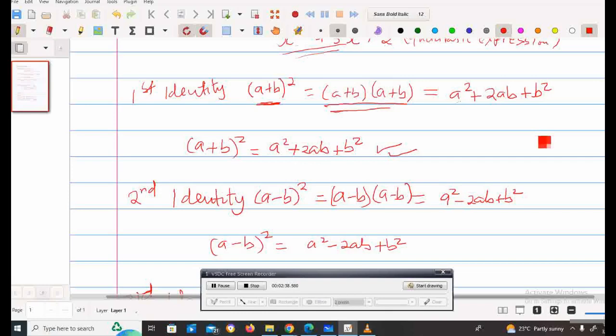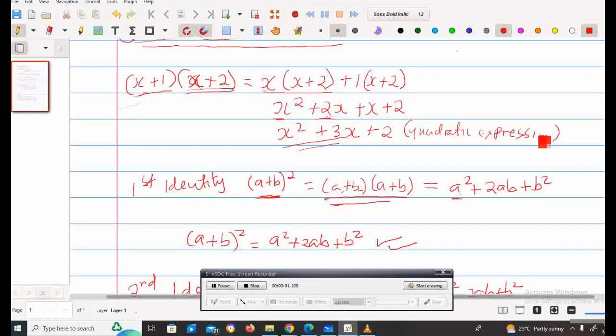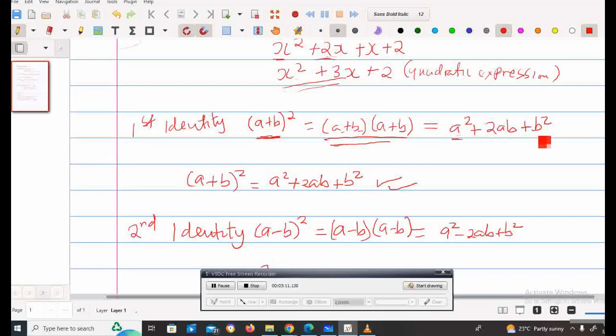This will give us a squared plus twice the product of a and b, that is twice ab, plus the square of b. If you were to follow the expansion process that we did in the first example, and you open a plus b into a plus b, you would still end up with a squared plus twice ab plus b squared.